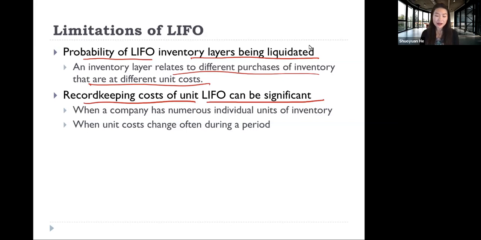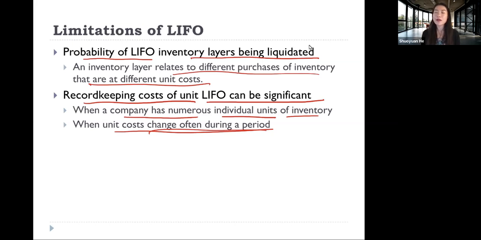As we have seen in the previous practice, when a firm has numerous individual units of inventory, the bookkeeping cost of calculating those costs can get more difficult and complicated. And when unit costs change often during a period, which is when we have different inventory layers, the bookkeeping cost of unit LIFO can sometimes be higher than the bookkeeping cost of FIFO.